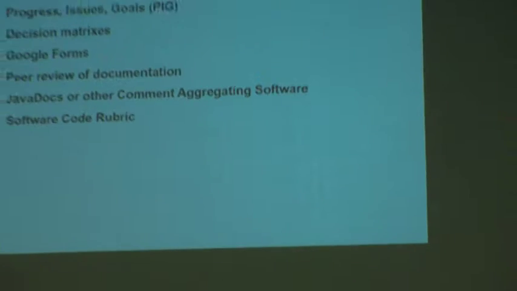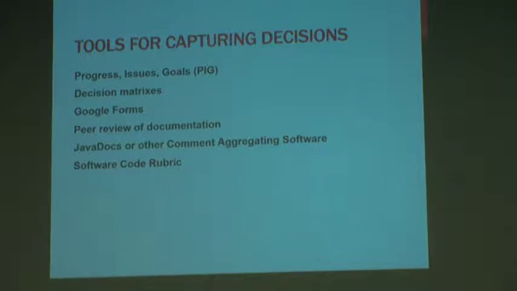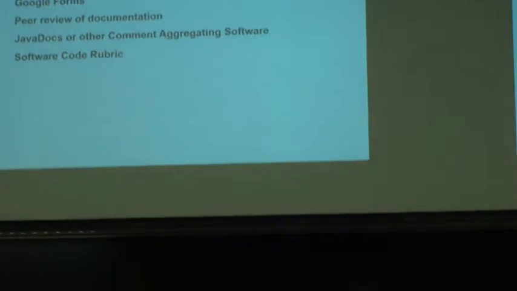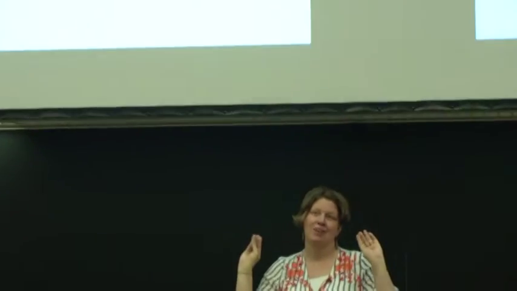Decision matrices. How many of you have made a decision matrix before? A couple of hands, okay. So particularly in design reviews, decision matrices are highly valued by your external reviewers as sort of the ultimate type of justification. It's a way to take somewhat qualitative data and turn it into quantitative data.